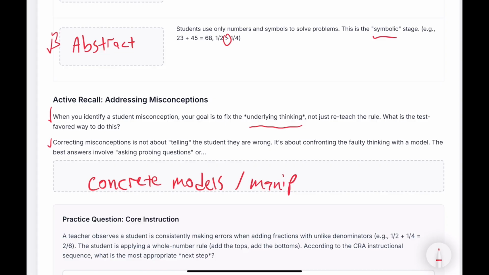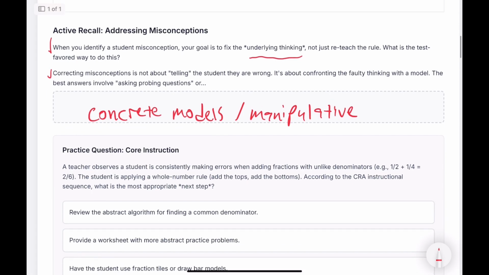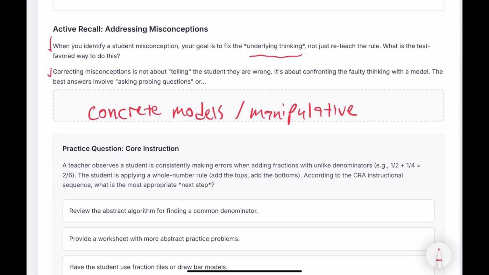And when you see the word manipulatives on test day, remember that might be providing the scaffold of blocks or tiles or something that students can actually get their hands on in order to better learn and oftentimes visually or kinesthetically learn the math skill that we're teaching.